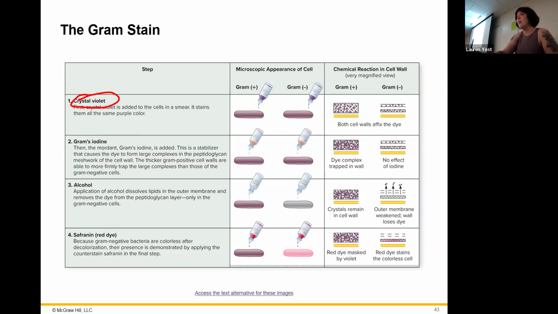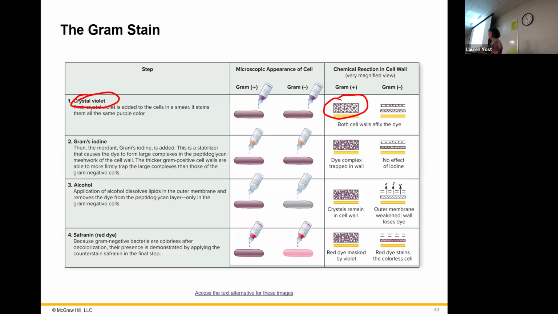If you have a thick peptidoglycan wall, that's all these layers of scaffolding. It's like plinko, or like if you have many layers of nets and you let balls drop through. If you only have one net layer, the balls are all going to be fine. They'll go right through. But if you have many layers, it's going to take them a minute, or they might get stuck in there.